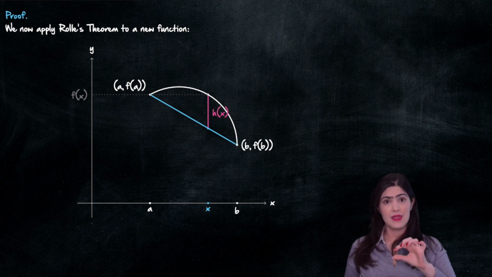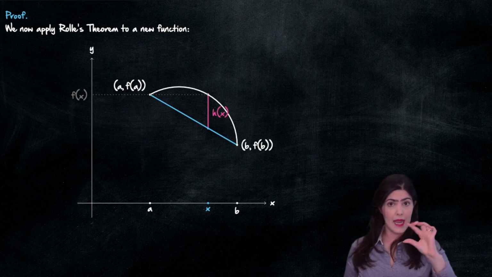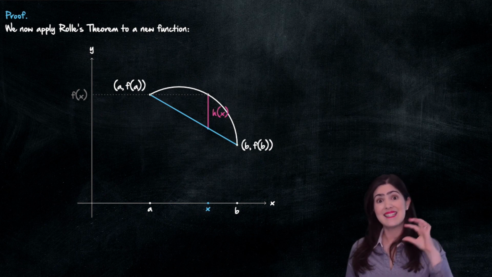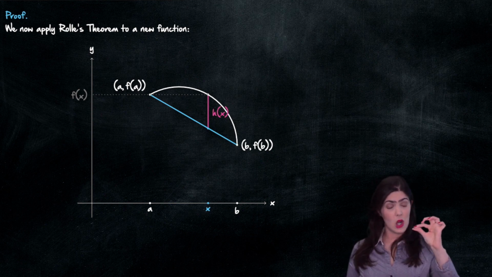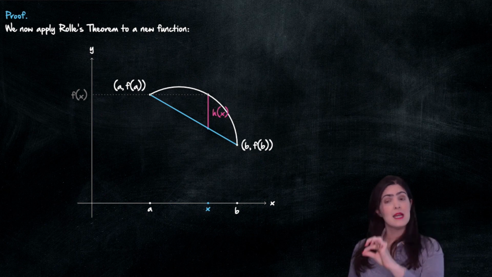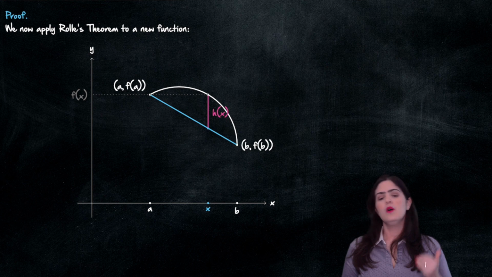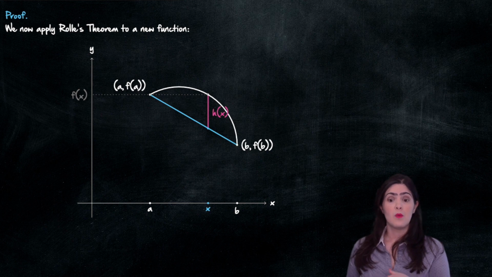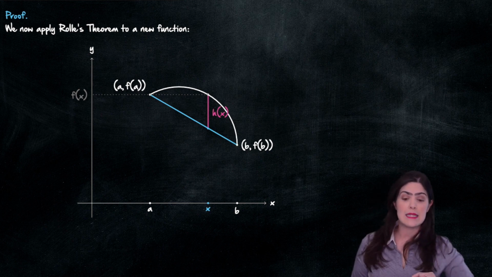If you look at it, the distance between these two functions at a and b is 0. As you can see, they get close to each other, then they separate, and they join back again. So now, what I need to know is what are the values at a point x? Well, f(x) is this height that I have here indicated.